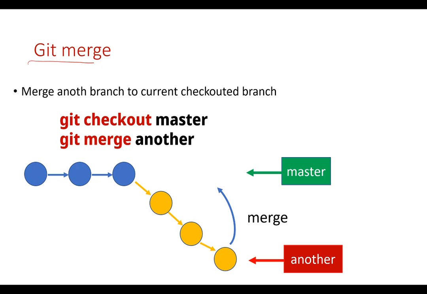You can use git merge to merge a branch to another. For example, we first use checkout master to switch to that branch and then merge another into it. Git merge merges another branch into the current branch we are working on.